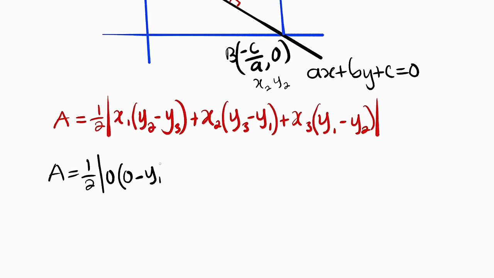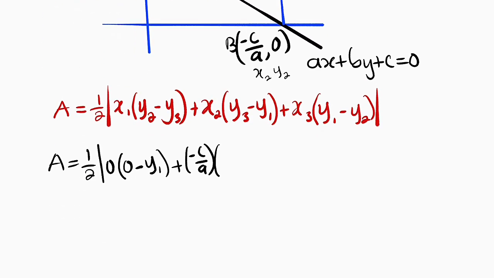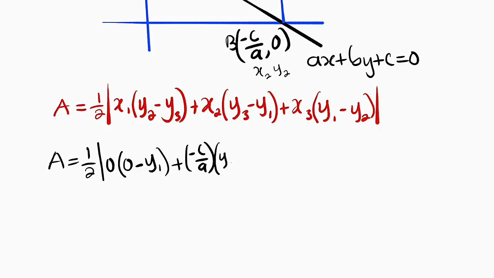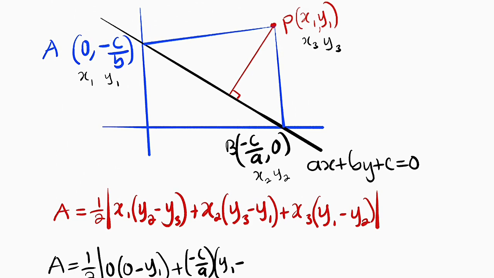Then plus, what is x2? x2 is negative c divided by a, multiplied by y3, and y3 you can see is y1, minus y1, and y1 is negative c divided by b.